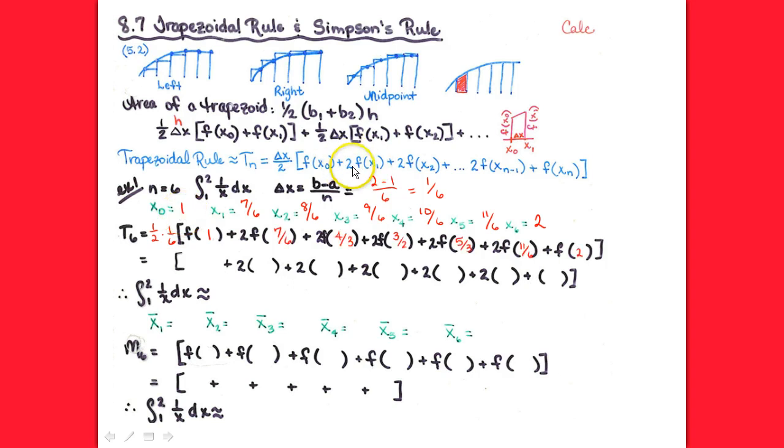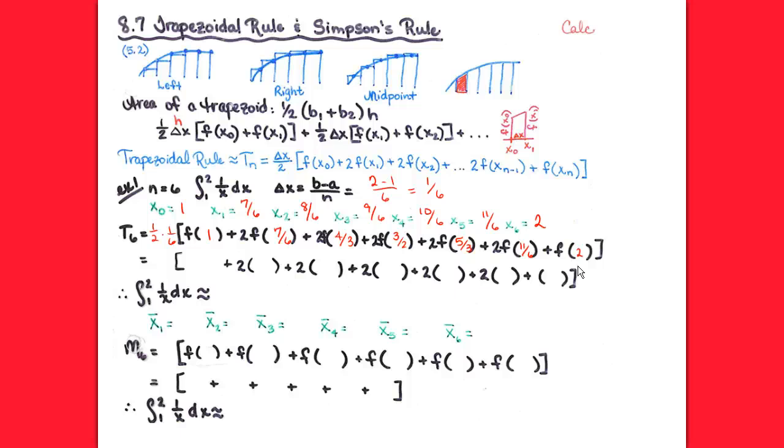And then we'll do 2 times f of x sub 1, 2 times f of x sub 2, x sub 3, x sub 4, x sub 5, and only 1 times f of x sub 6. So basically my a and b values, my starting and stopping points, do not get doubled once I plug them into the function. Everything else does.